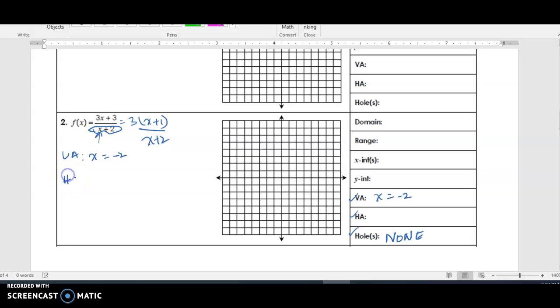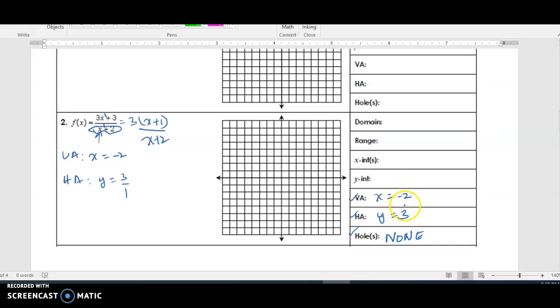Now coming to the horizontal asymptote, this is an excellent case of EATS DC because both the exponents are the same, the degrees are the same. So if the exponents are the same, divide the coefficients. You'll write it as y equals 3 over 1. The coefficients are the leading terms, right? So 3 over 1, which is y equals 3. That is the next asymptote.